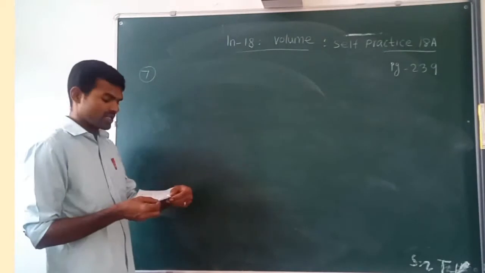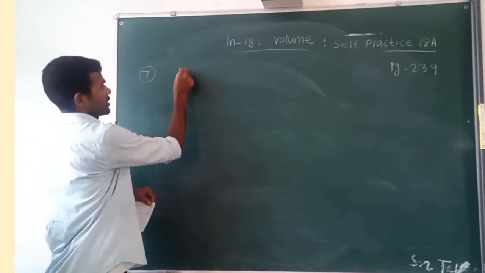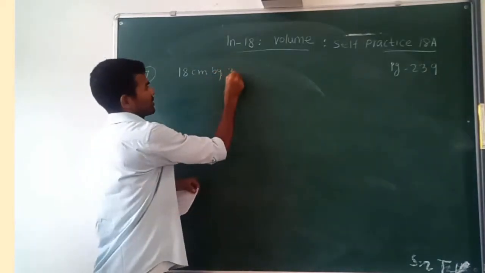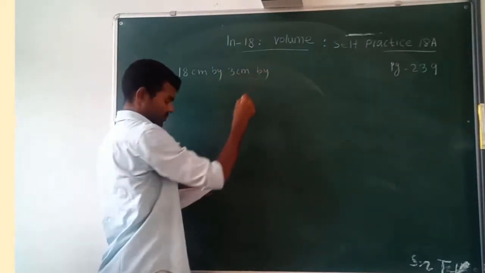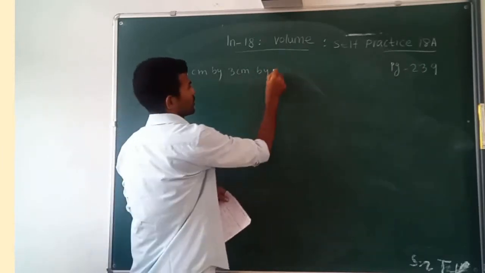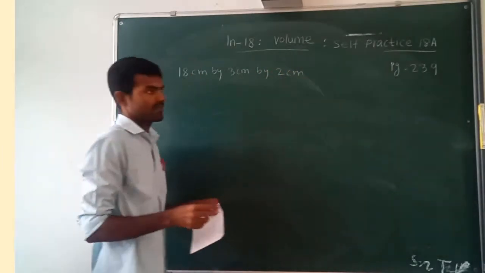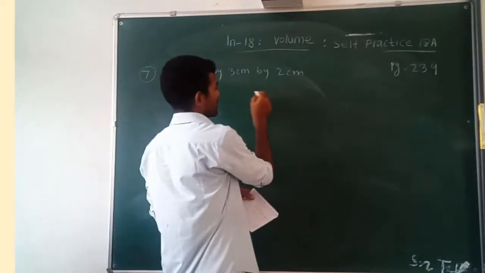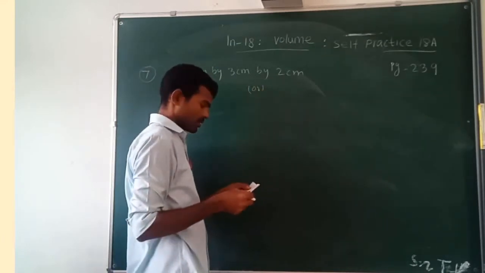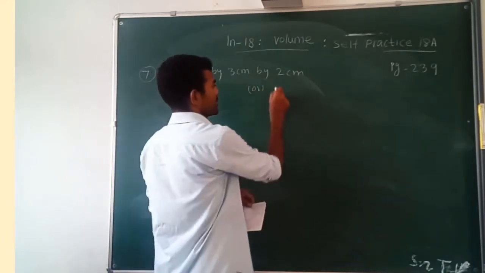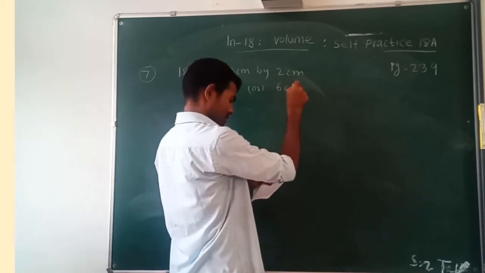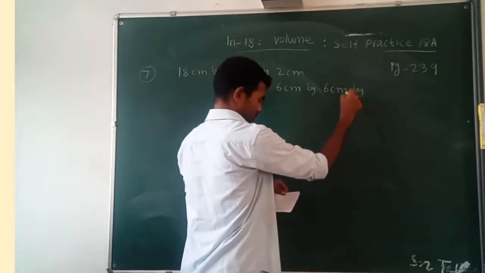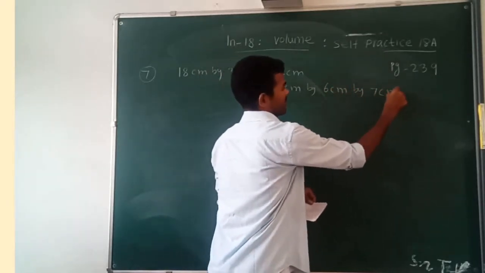The first one is 18 cm by 3 cm by 2 cm, and the second one is 6 cm by 6 cm by 7 cm.